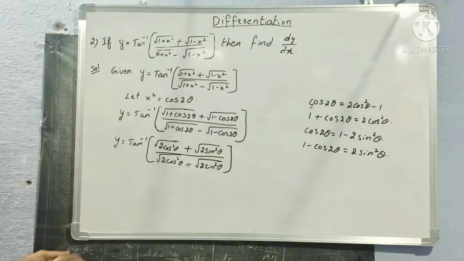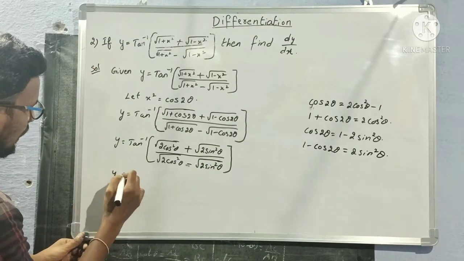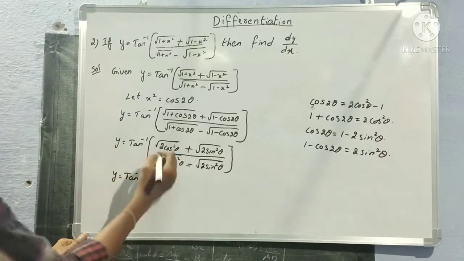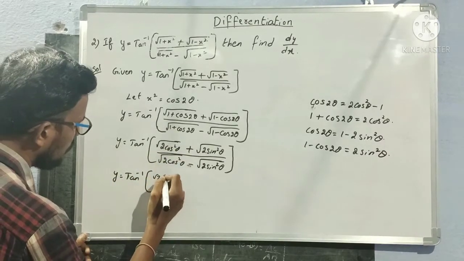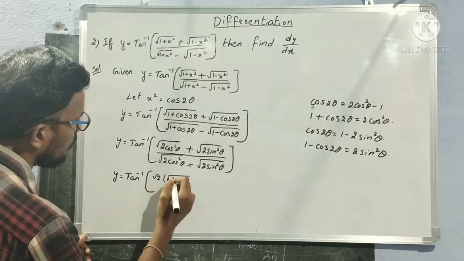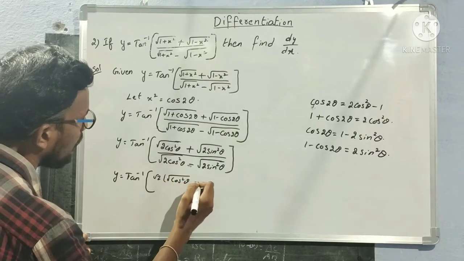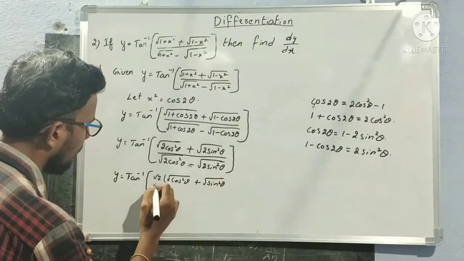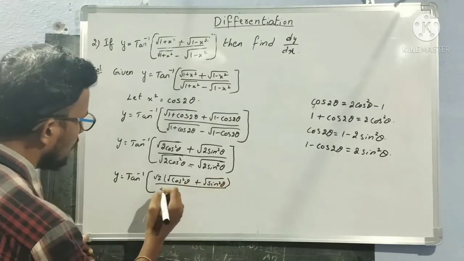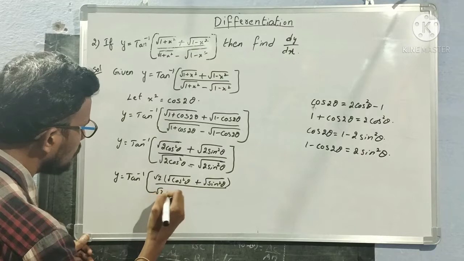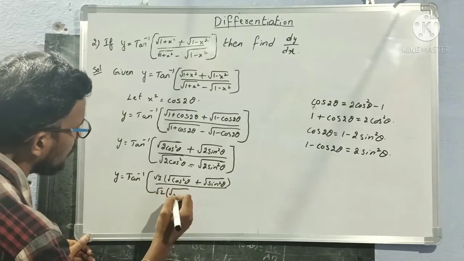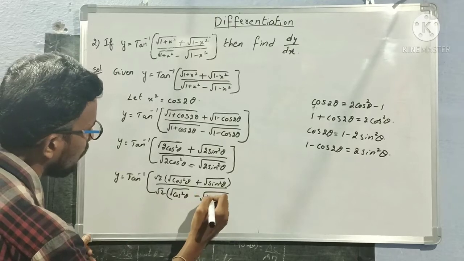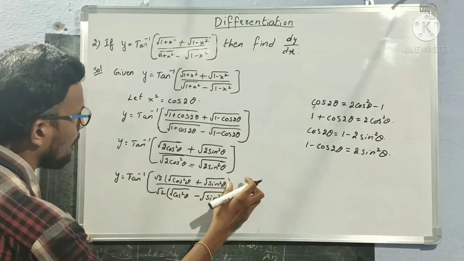Now y is equal to tan inverse of, root 2 I will take common in both: root 2 into (root of cos square theta plus root of sin square theta) by, again here also root 2 is common, root 2 into (root of cos square theta minus root of sin square theta).